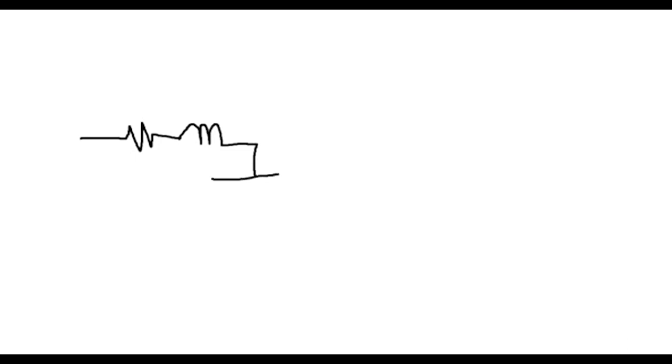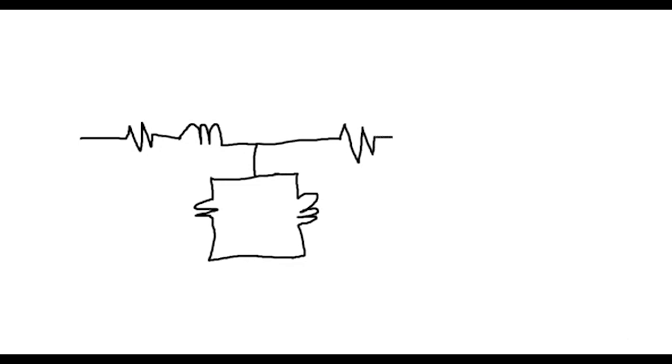Next is the core, the impedance of the core. Same thing, resistance and reactance, but in parallel. Lastly, the equivalent values that we acquired a while ago. So it is like this.